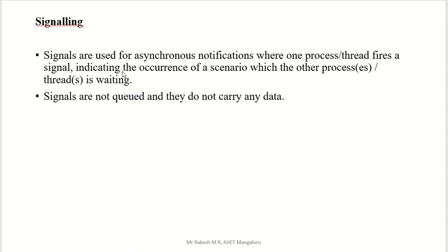We have two processes. One process will give some notification through the signal to the other process. That means some event is completed, something is done. That signal is given to process P2. That is the signaling method. Signals are not queued, there is no queue, and they do not carry any data, just a meaning. That is called notification.